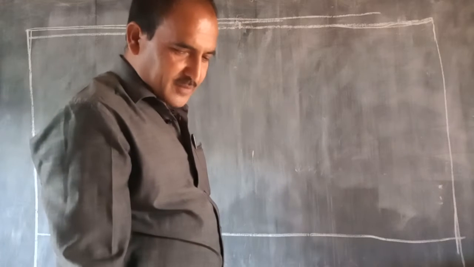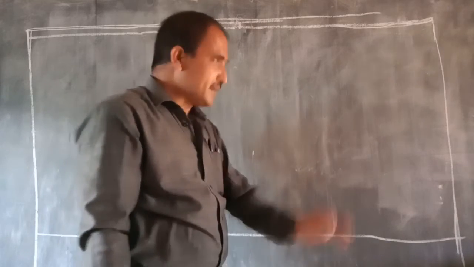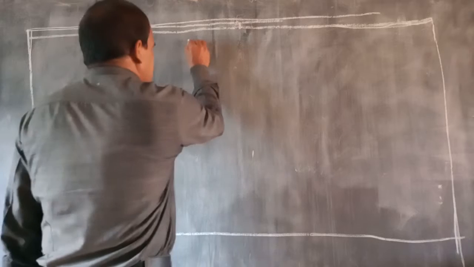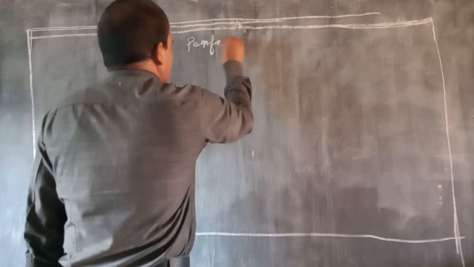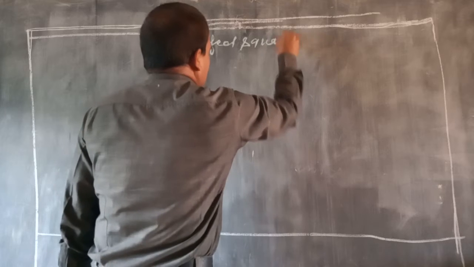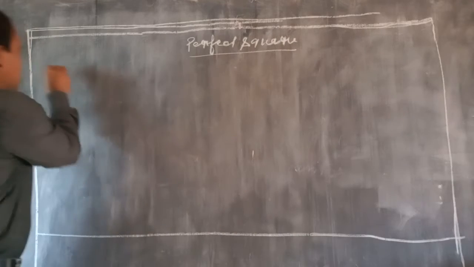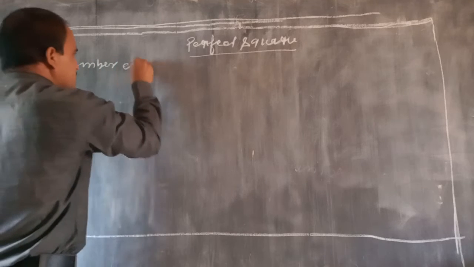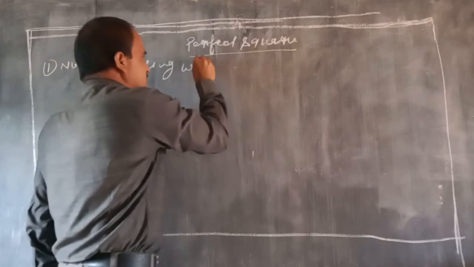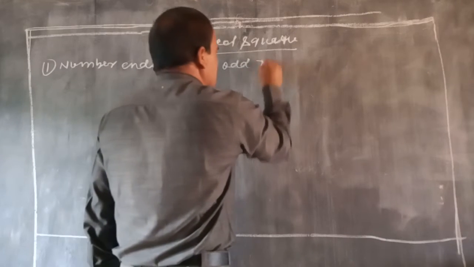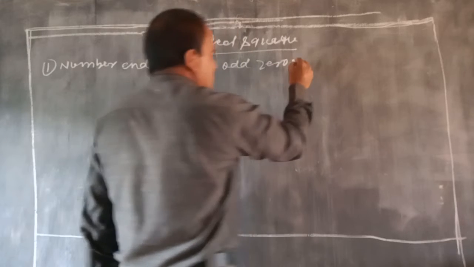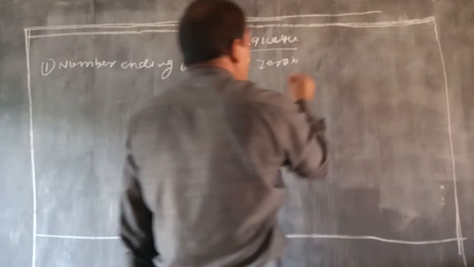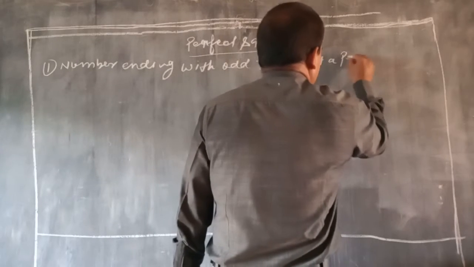A number ending with an odd number of zeros is not a perfect square.